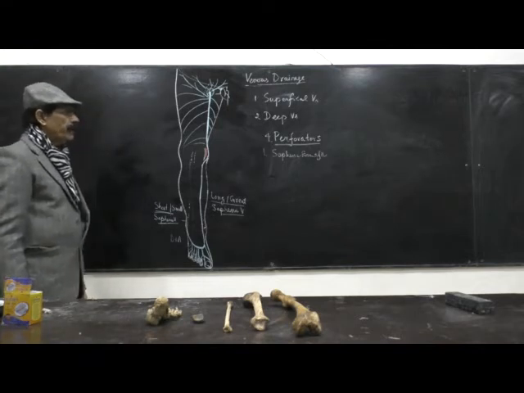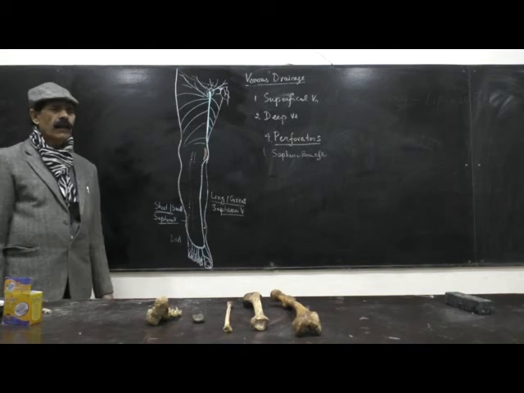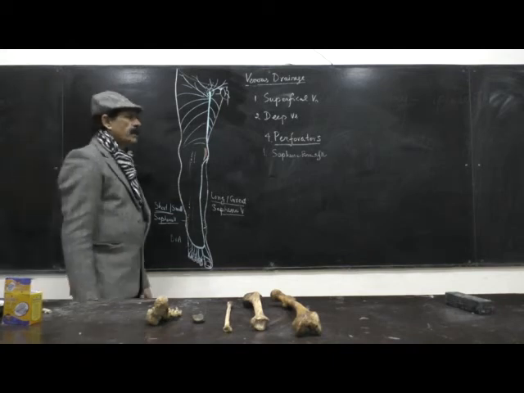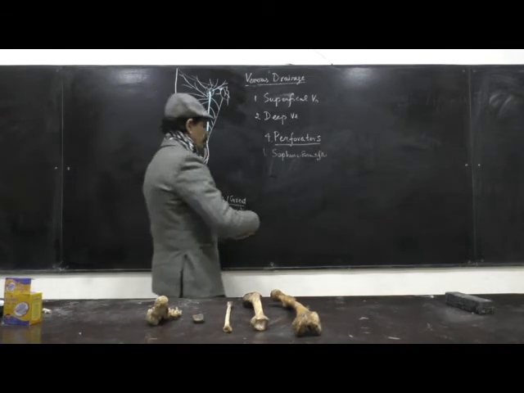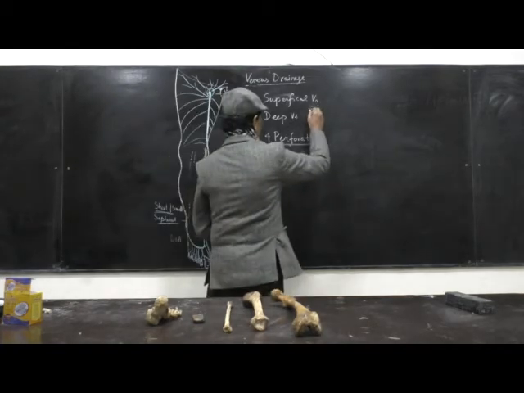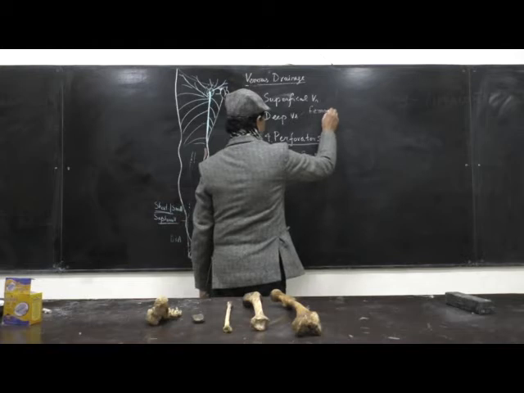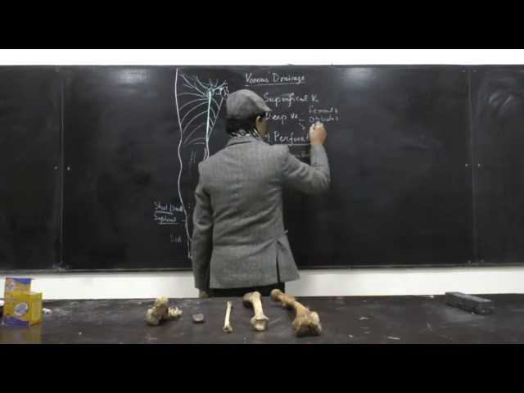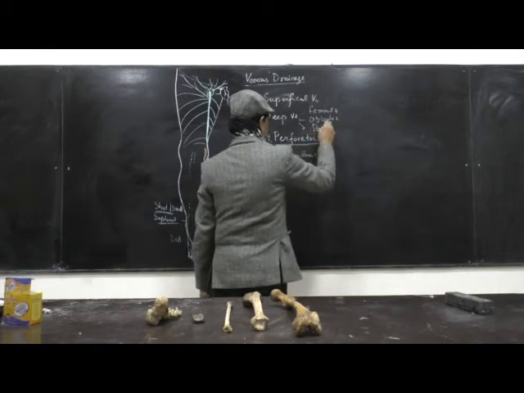Now there is a deep venous system also present, and these deep veins are the femoral veins, obturator vein, and the popliteal vein and its branches.